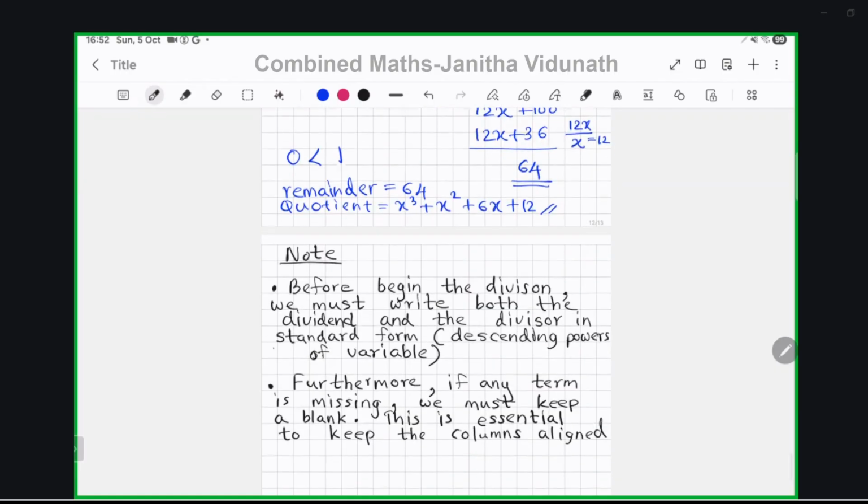This is essential to keep the columns aligned correctly.